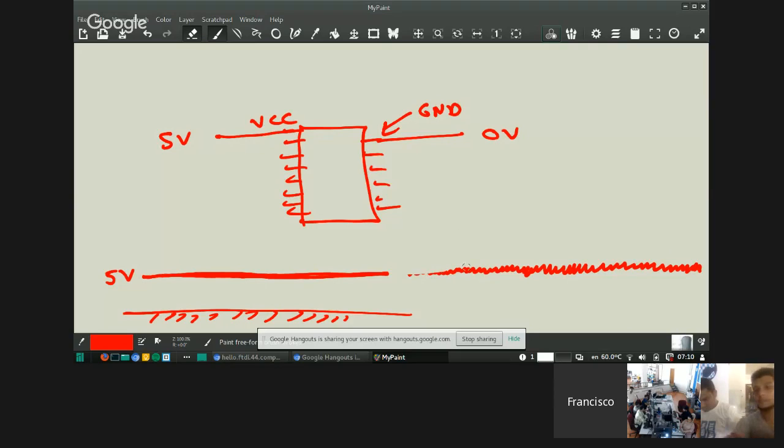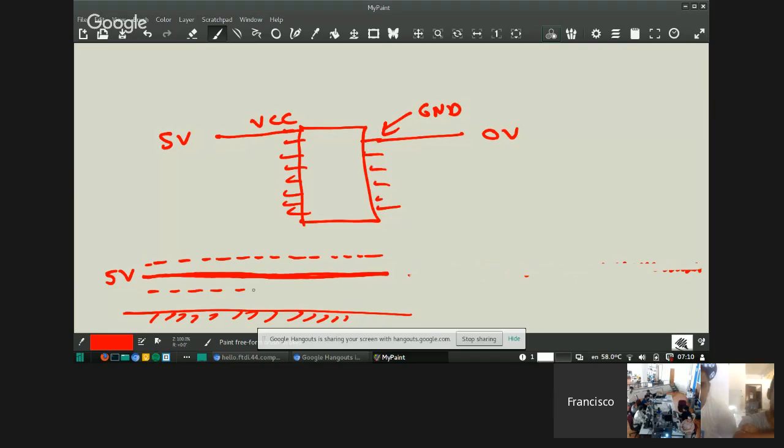The problem is, say, this is the line of 5.5 and this is the line of 4.5. The problem with this is if one of these peaks goes over this.